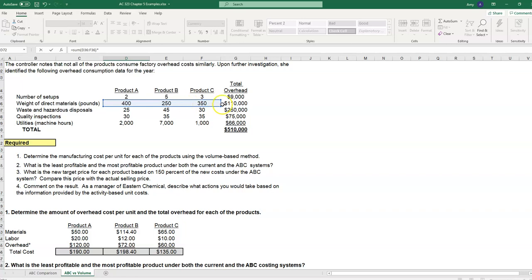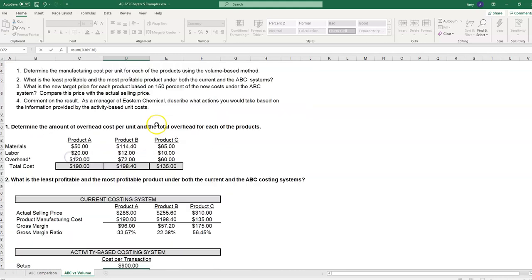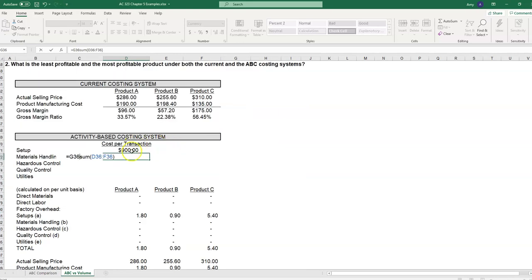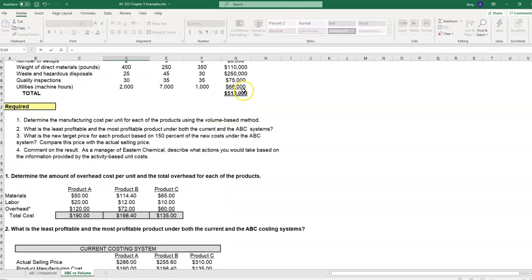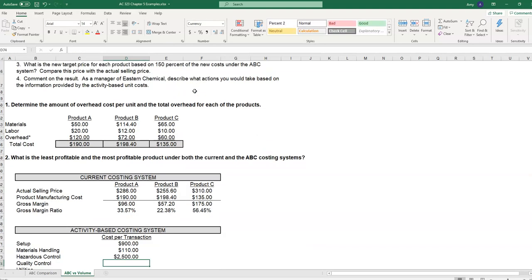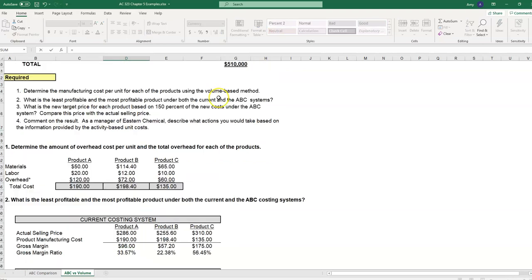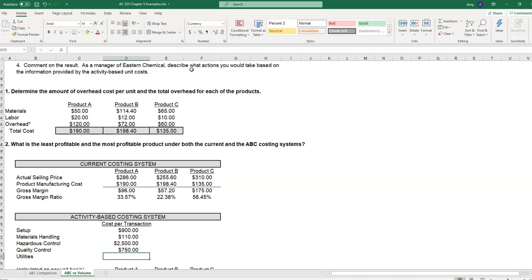And we take that sum, and we're going to divide the cost by the sum. Hazardous control, we take our total cost of $250,000 and divide that by the sum of our 3 product lines. We do the same for quality control and utilities.